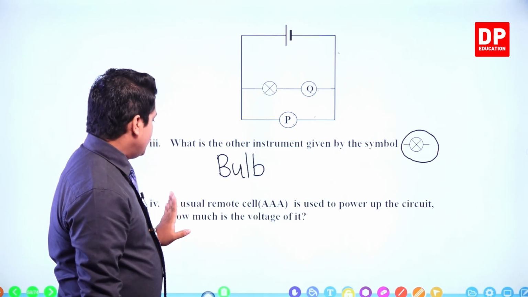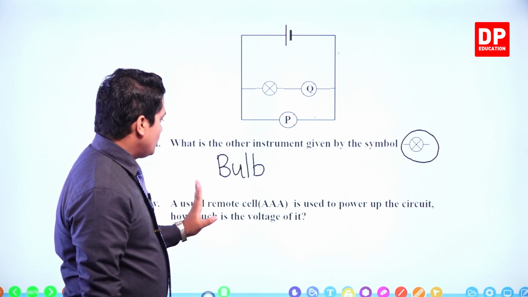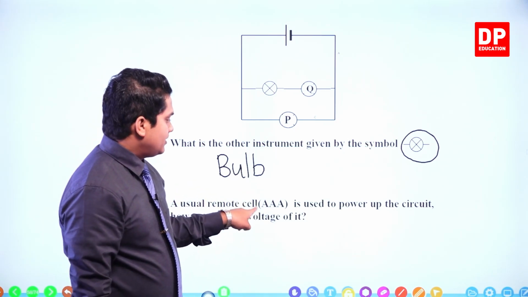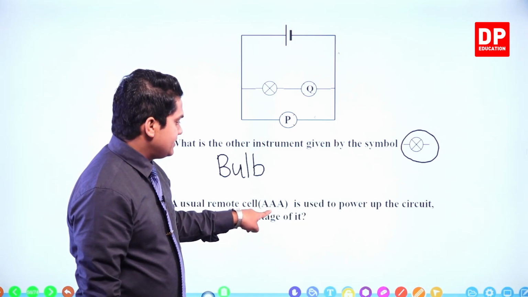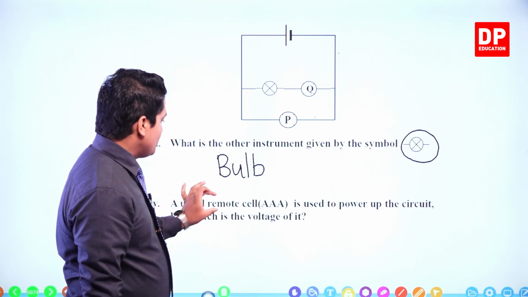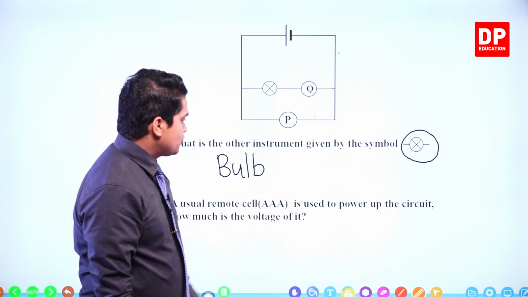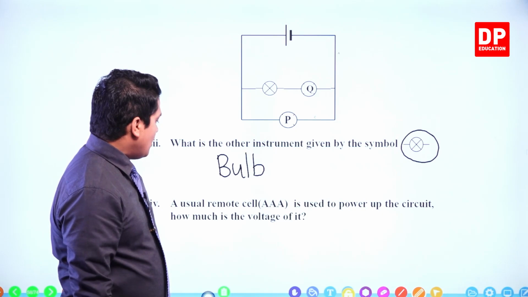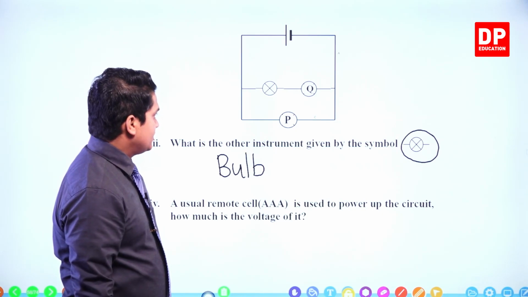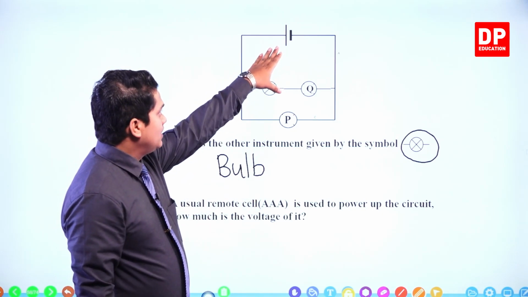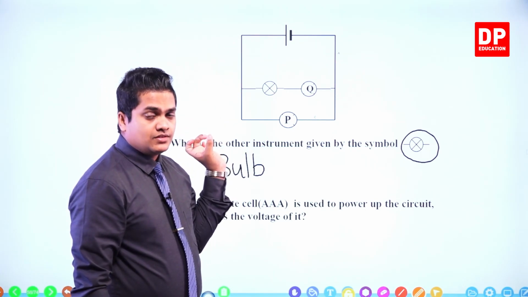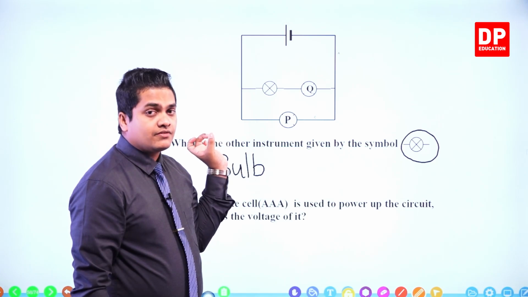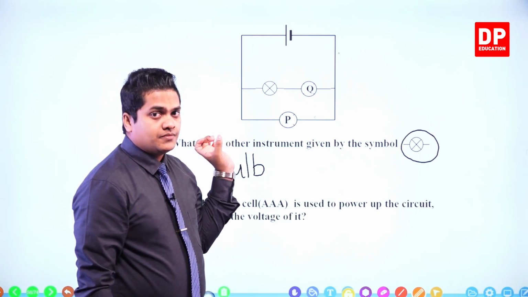Next one. A usual remote cell, within brackets AAA size, is used to power up the circuit. How much is the voltage of it? This is a simple remote cell, AAA size, a normal dry cell that we use to power up the circuit.